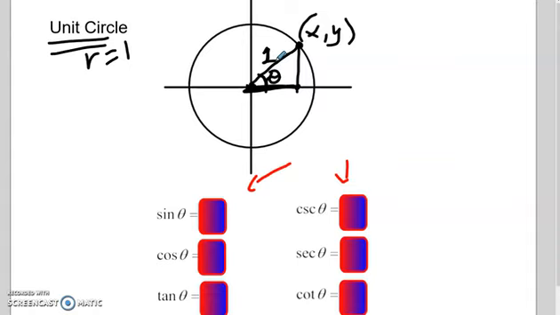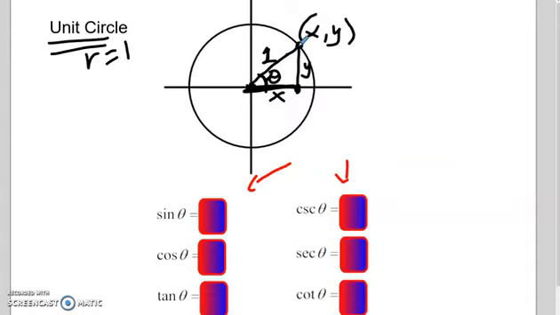Then the distance from the x-axis all the way up there is y, and the distance from the center to where the triangle ends there on the x-axis, that is x. So we've got x, y, and 1. And then we know our point is (x, y).